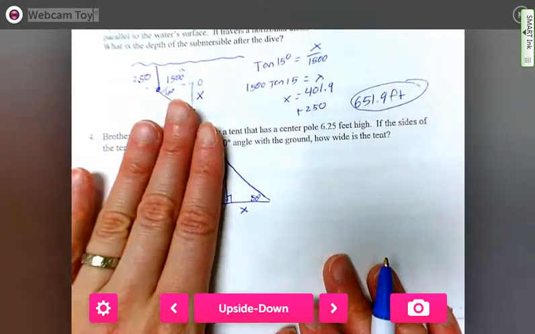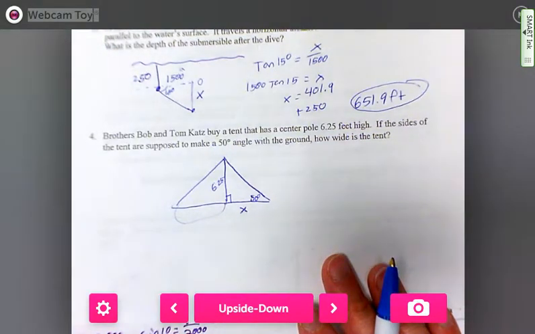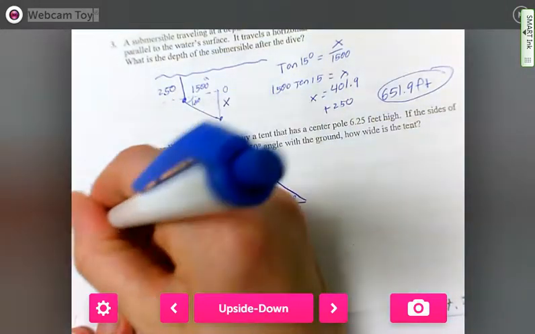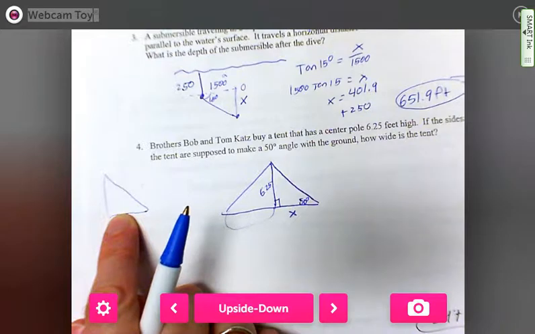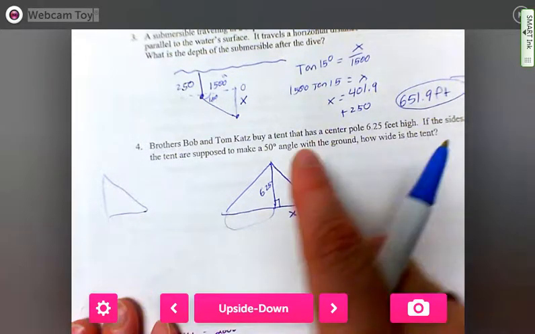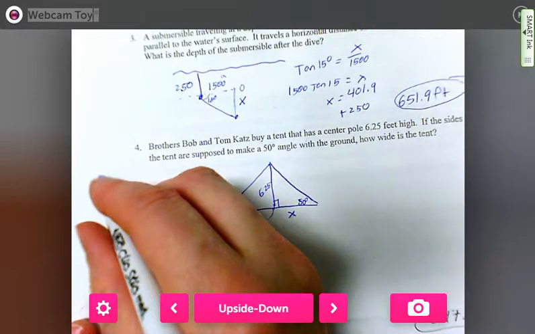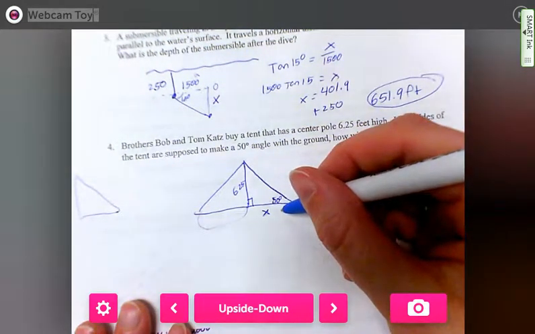Because I'm finding half my tent to make the right triangle, and so then to find my other half. Because tents don't look like this, right? Has anybody been in a tent or seen a tent that looked like a right triangle? No, they look like both sides, right? And the center pole, how could it be in the center if it wasn't on the other side? So x is my opposite, adjacent, or hypotenuse.